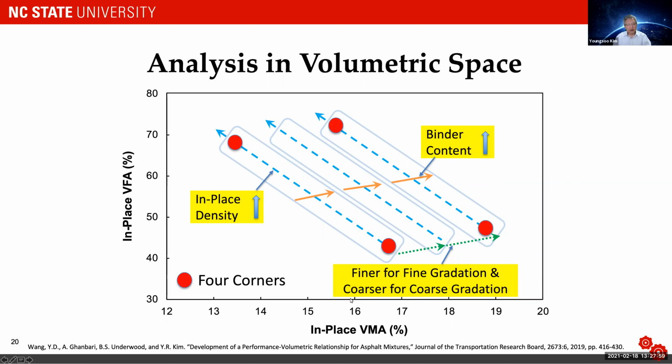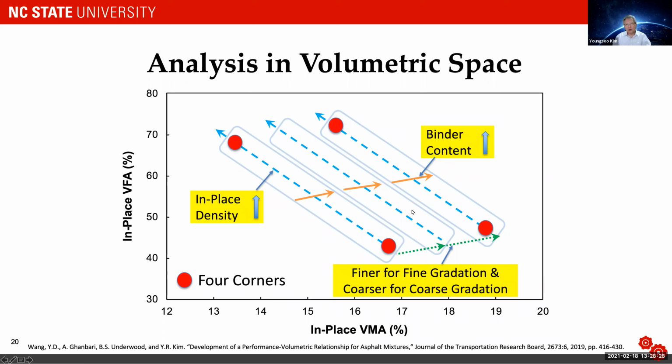And there's a publication by David Wang a couple of years ago showing why four corners, not three, not five. But we found out that if you select these four corners, okay, and fabricate specimens at these four corners and run the performance test, then you can predict what happens inside of these four corners.